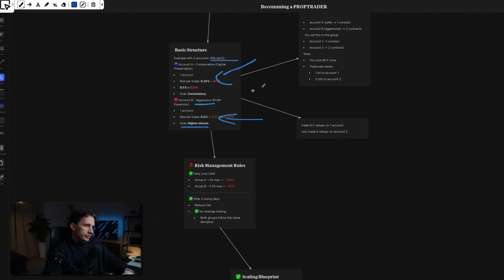If you're getting more comfortable with aggressive trading, and with your whole trading as well, then for sure you can purchase, let's say 2 accounts, 1 goes into the safe and 1 goes to the aggressive, and you can play this with up to 10 accounts. So here 10 accounts and here 10 accounts.